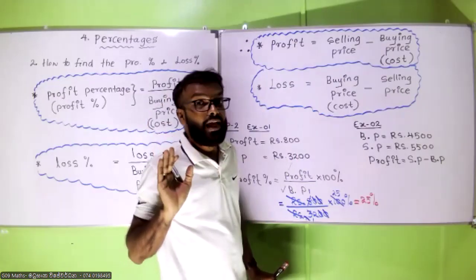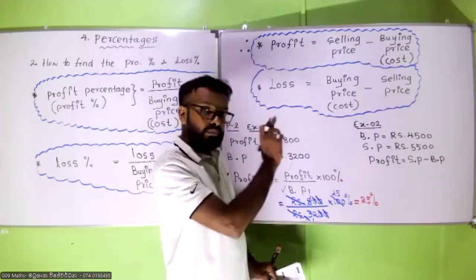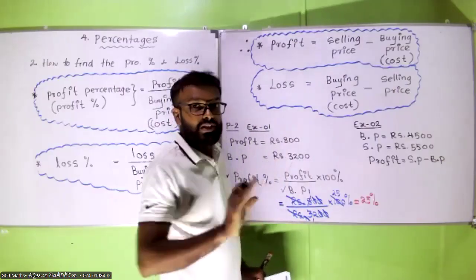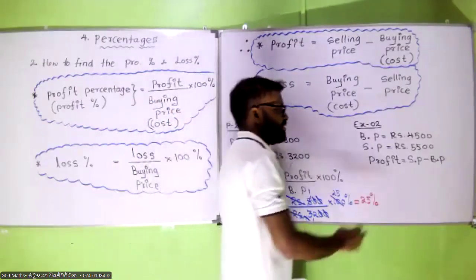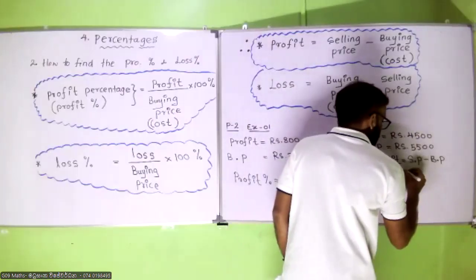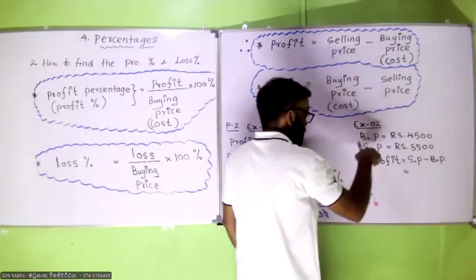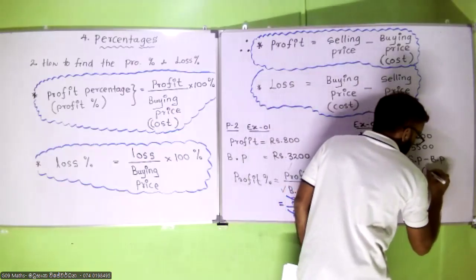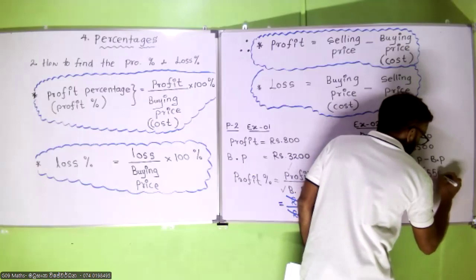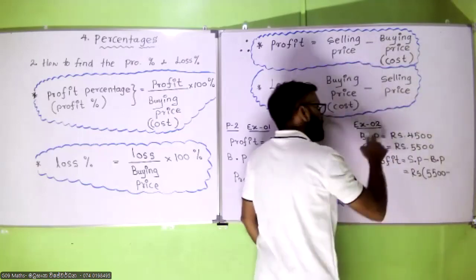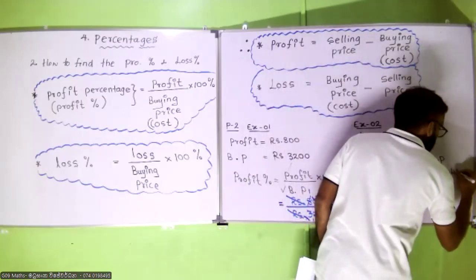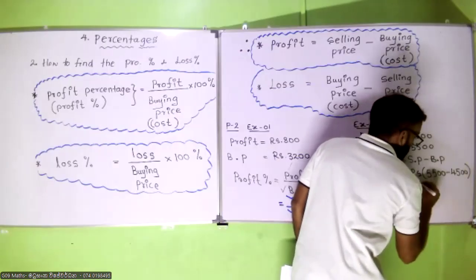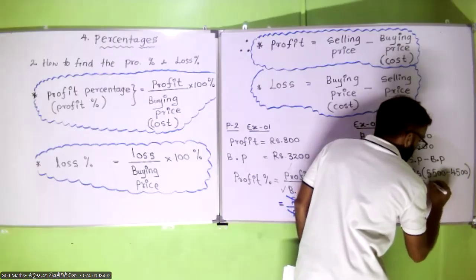So selling price 5,500 minus buying price 4,500. So profit is 1,000 rupees.